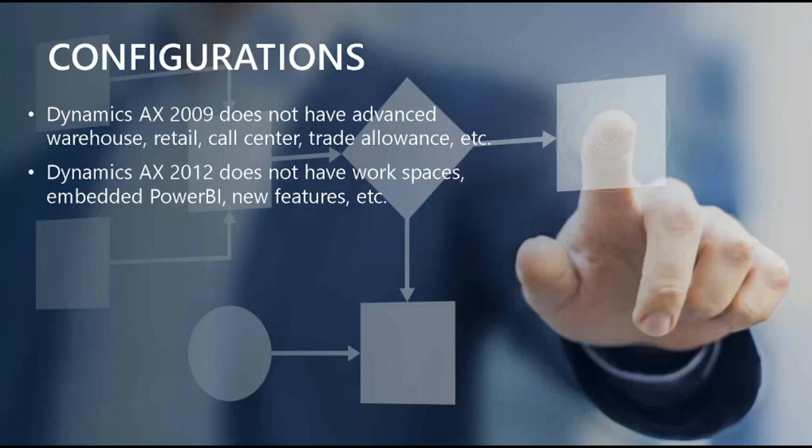On the retail solution, we have a cloud-based point of sale solution and so forth. So the gap is pretty big between 2009 and D365. And when D365 came up, maybe with 2012, they were almost similar. But right now, as every month passes with every feature release from Microsoft, the gap is also widening. So what does this all mean to you?